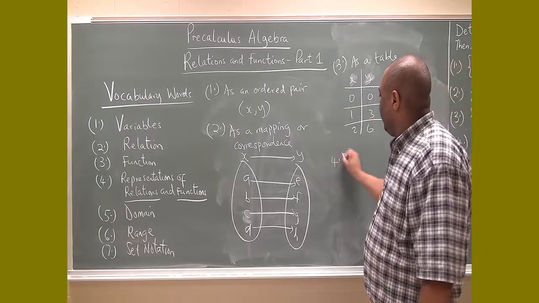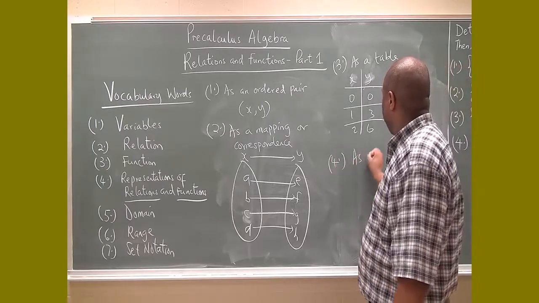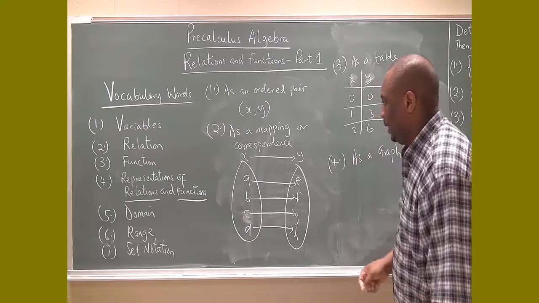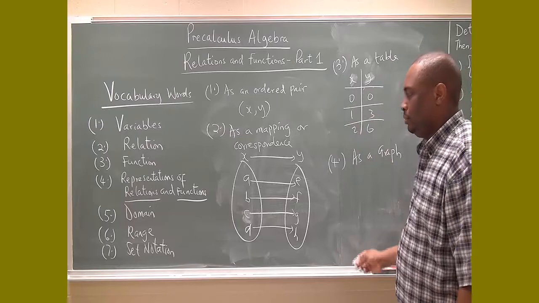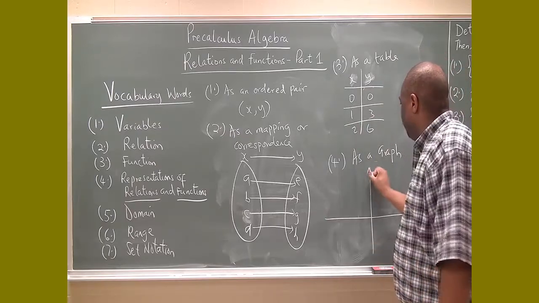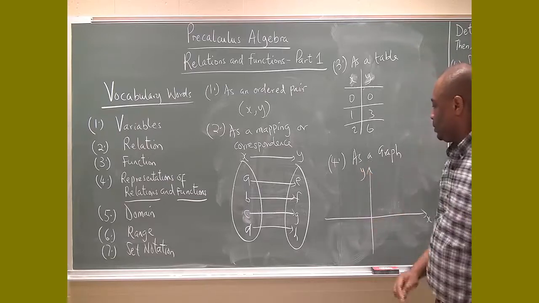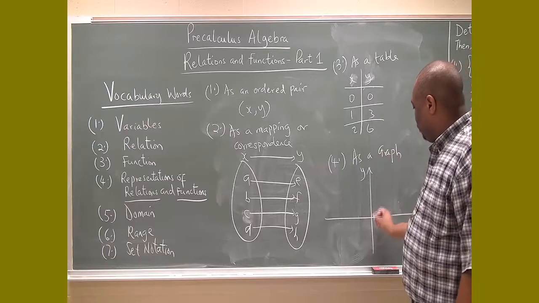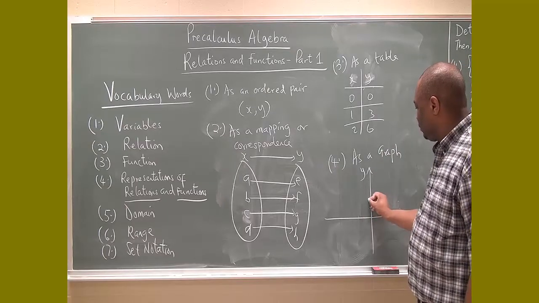You can also represent relations and functions as a graph. I think that's the next chapter we will do. When you are drawing graphs, you have your x and you have your y. The x is the horizontal axis, the y is the vertical axis, and you have a suitable scale.